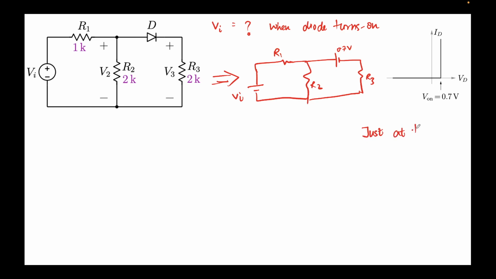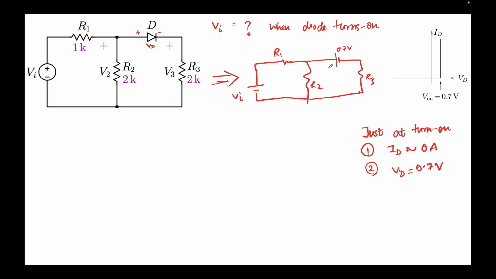Just at turn on, there'll be 2 things. One, id will be approximately 0 amps, and secondly, vd will be approximately 0.7 volts. That's what I have already drawn, a vd over here. So this is my vd, this is 0.7 volts, and I have assumed id will be approximately equal to 0.